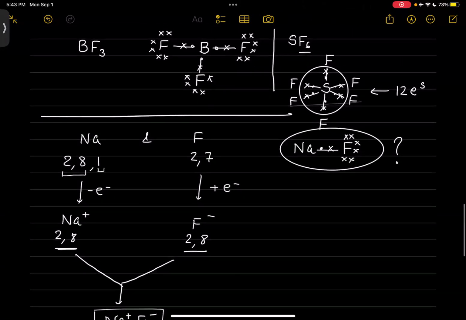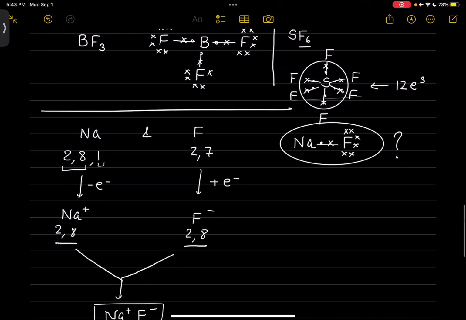But we have seen that not all atoms have a complete octet. What was the real reason for covalent bond formation? What was the actual reason? Was it the completion of the octet?